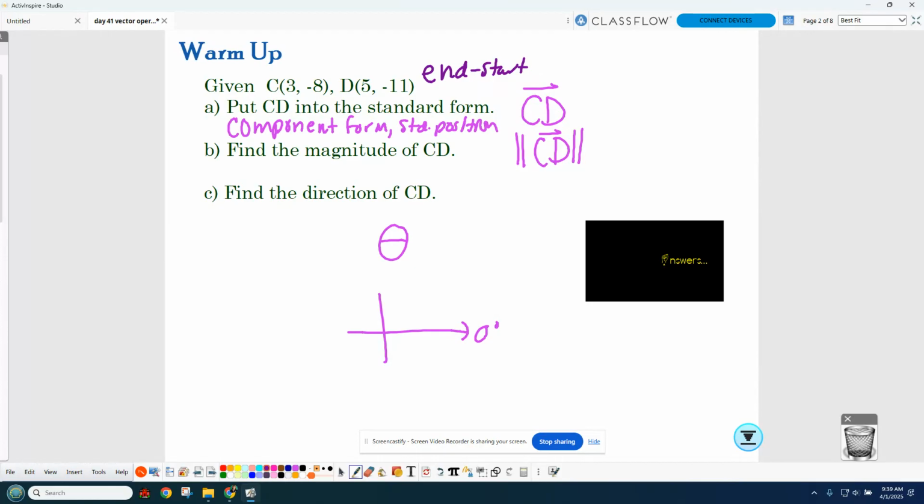Okay, so guys, please write these down, write the coordinates down, so that when we go over things, you at least have a place to put in the work. Component form, standard position, okay?